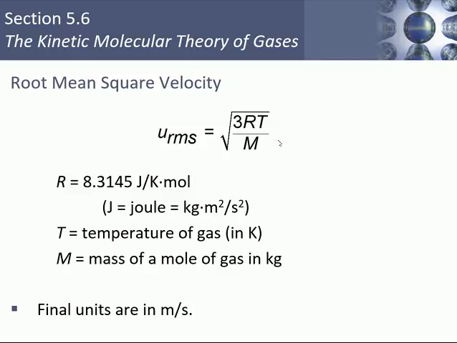However, we are dividing that term by the molar mass of the gas, again in kilograms, and then we are taking the square root of it. Root mean square: mean, average, velocity. We're going to come up with a velocity at the end of this calculation. So root mean square should be a velocity. The final units are in meters per second.